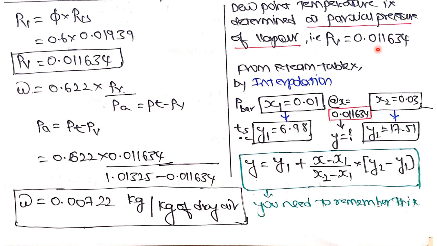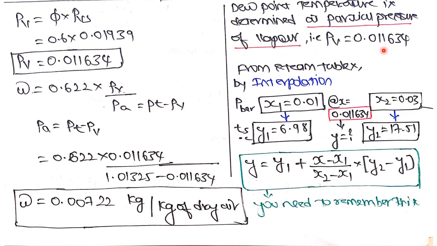Corresponding to this pressure, the saturation temperature which is given exactly beside it, you have to take that value as the dew point temperature. Okay, getting it? So in that pressure basis steam table, you have to look for this particular value. Beside that value, whatever temperature you get, you note it down as the dew point temperature.